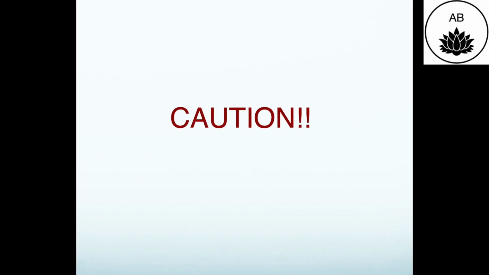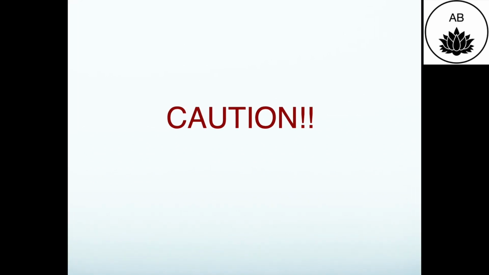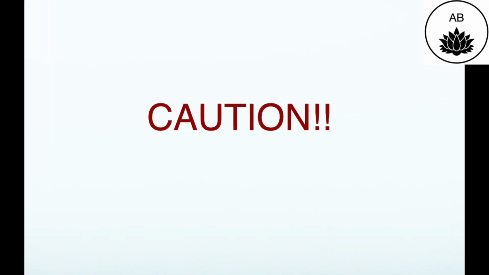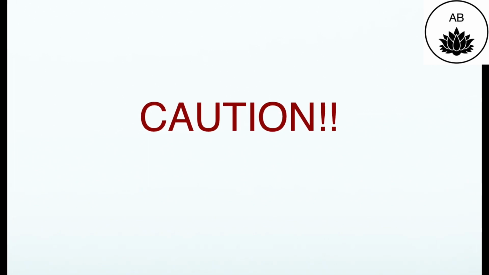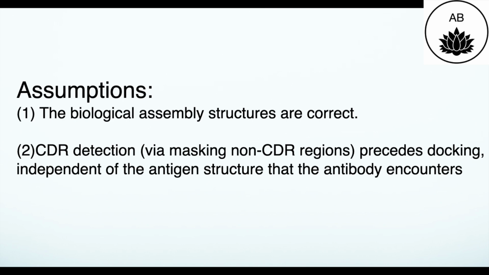So whatever I told you with regard to the CDR on the biological assembly and based on my earlier docked conformations, these have to be taken with a grain of salt for very obvious reasons, that they have validity only if the assumptions I mentioned hold true.